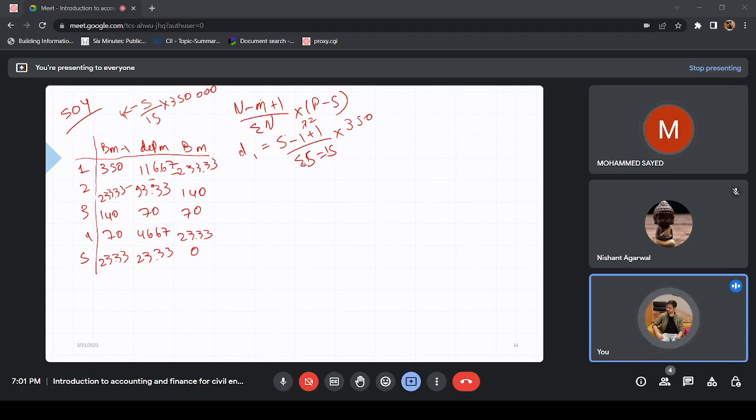Are you getting the same table? Do try to make it, or have I made any mistake here?